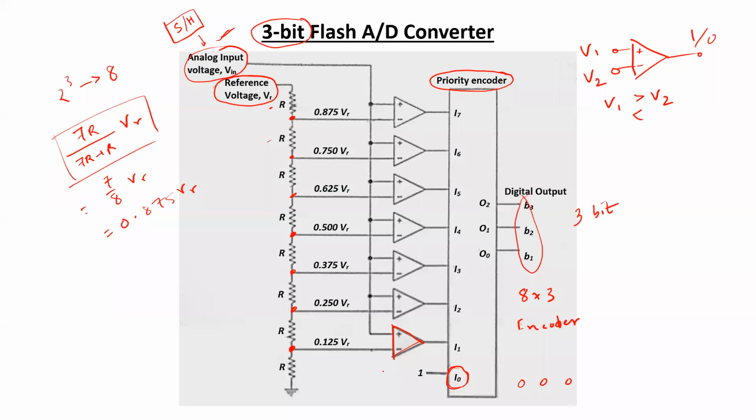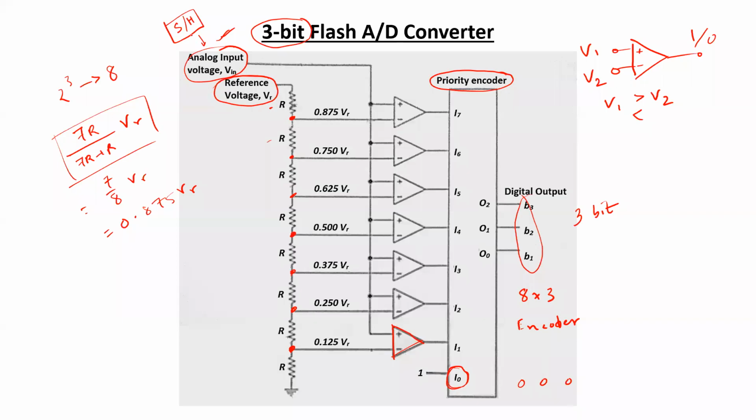So for that reason, there is no need to connect a separate comparator for the LSB. However, for the other bits, it is necessary to connect a comparator to compare with each particular reference voltage level.